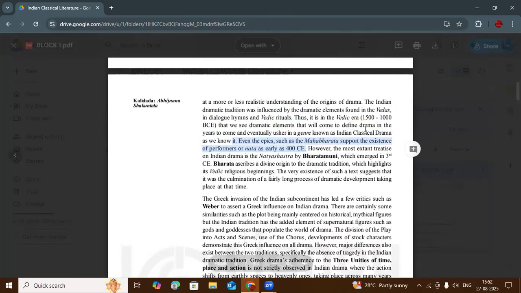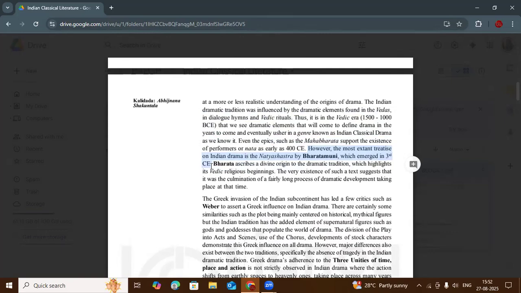However, the most extant treatise on Indian drama is the Natya Shastra by Bharata Muni, which emerged in the 3rd century CE.